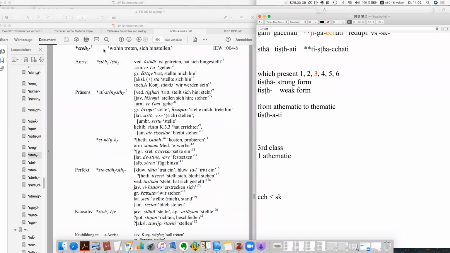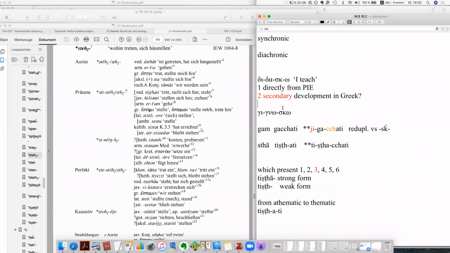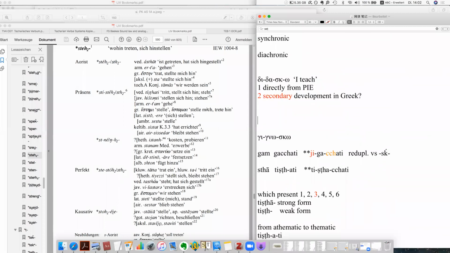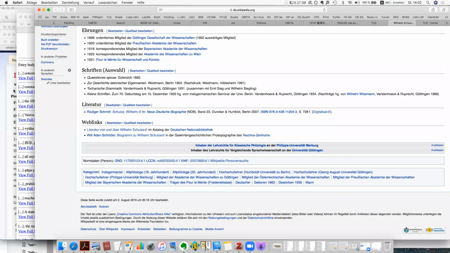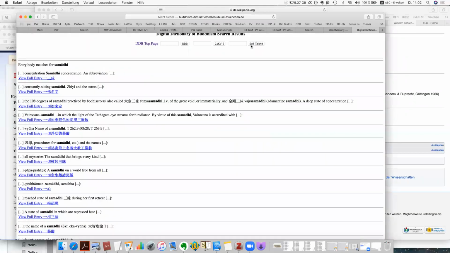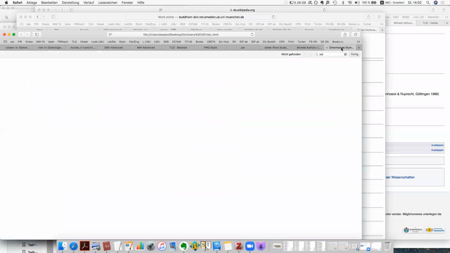Okay, and then let's move back to this word didasko. This word originally does not mean teach. So let's check it. What is the cognate of the word didasko? Let's check the etymological dictionary of Greek.